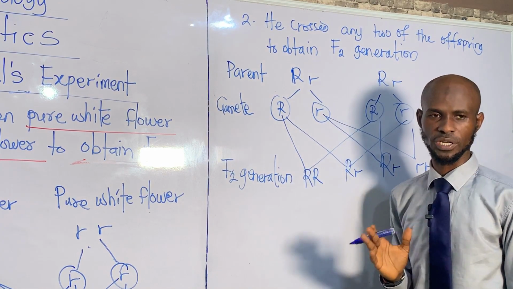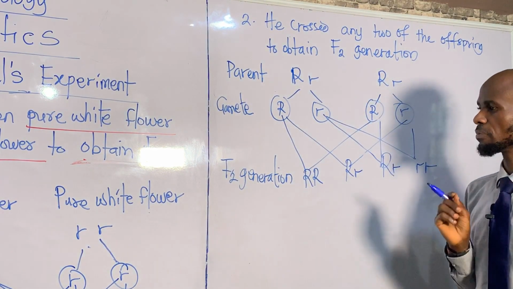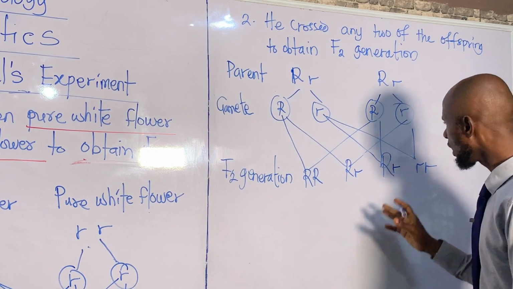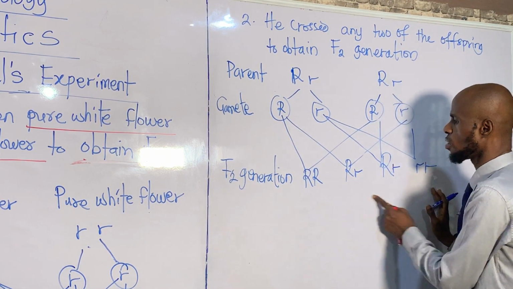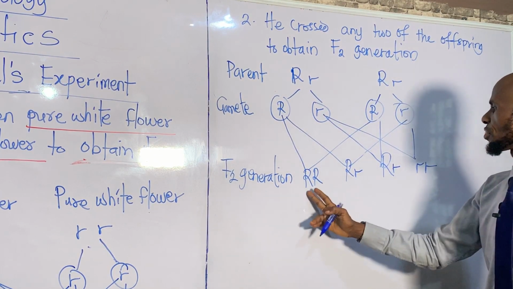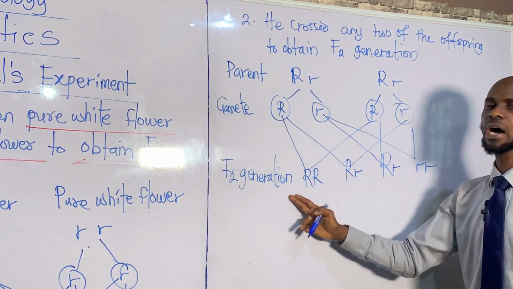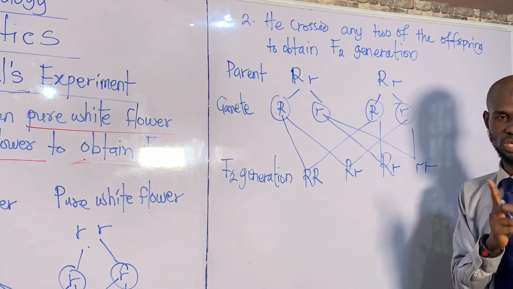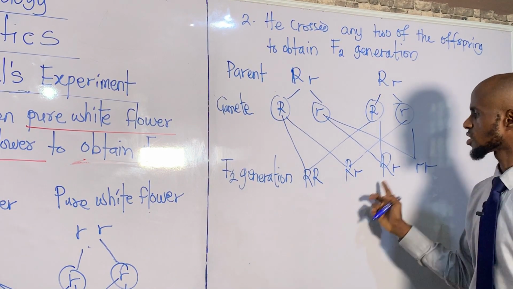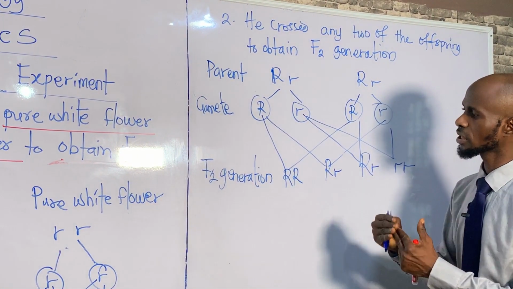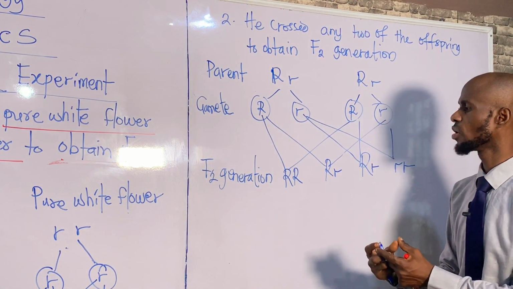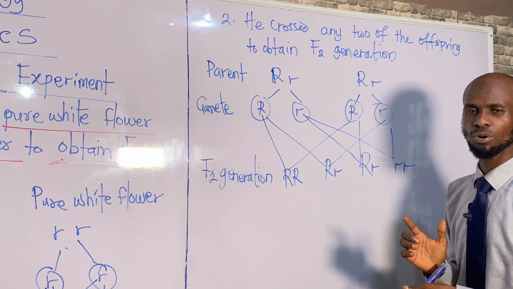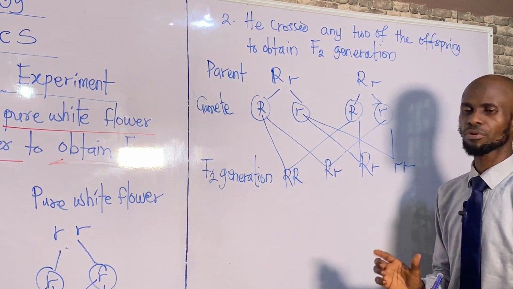Generation means offspring. Take note of that. Now, what Gregor Mendel noticed is that out of the four offspring that are produced, three of them are red, while one is white. So he was able to bring up what is called the ratio. We have two types of ratio: the genotypic ratio and the phenotypic ratio.